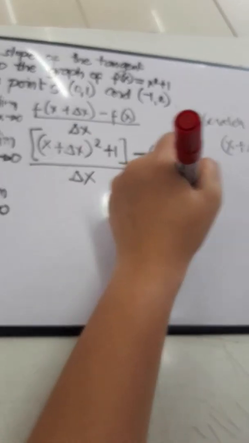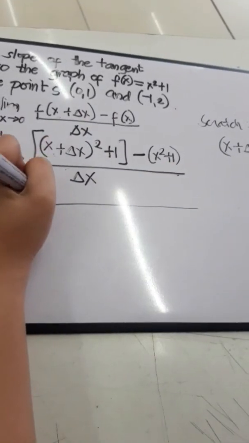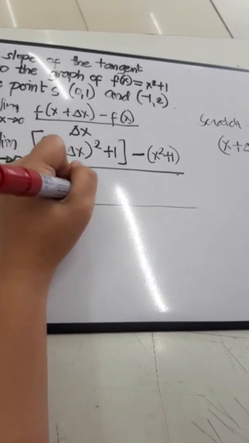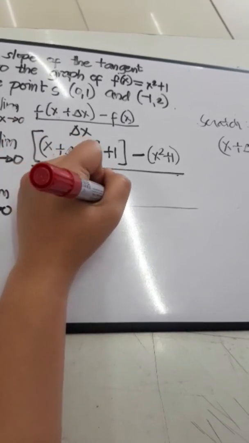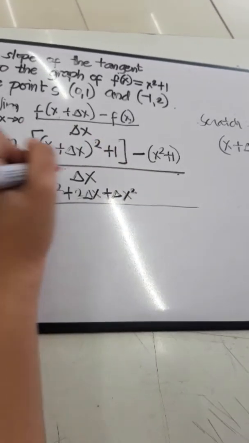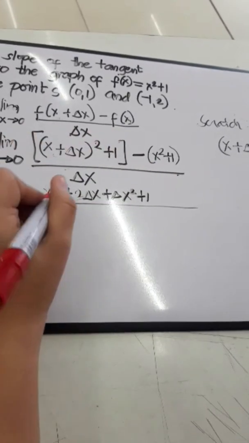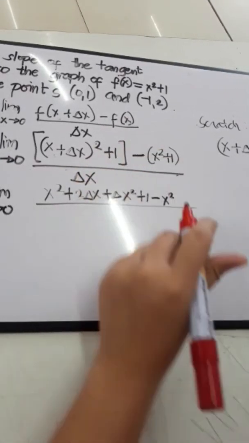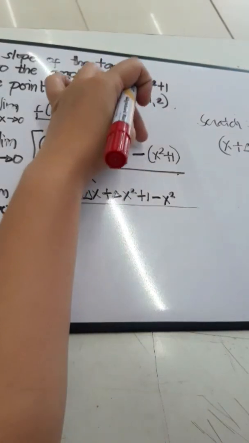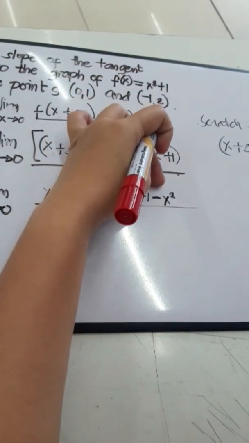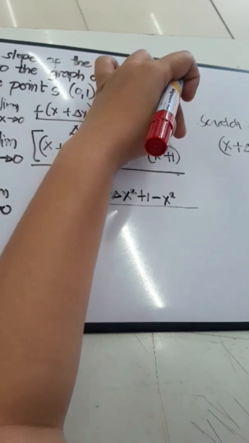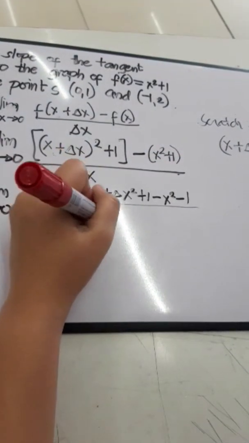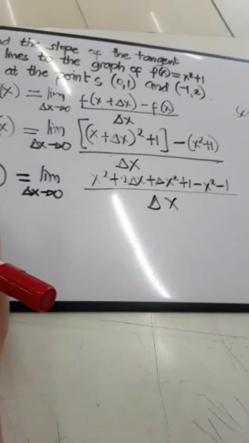Ato na siyang i-transfer diri. So, x squared plus 2x delta x plus delta x squared plus 1. Minus x squared, ato na yung paggawa sa iyahang parenthesis. So, negative times positive x squared is negative x squared. Then, negative multiplied to positive 1 is negative 1, all over delta x.